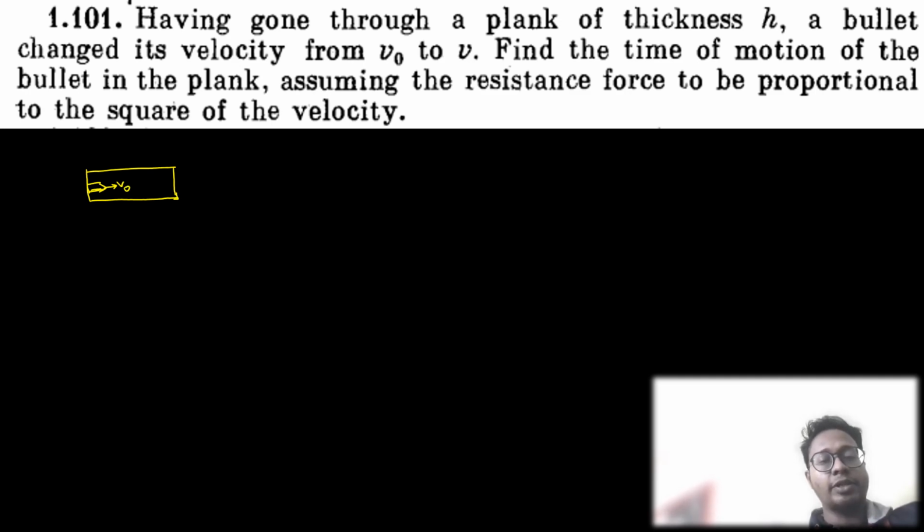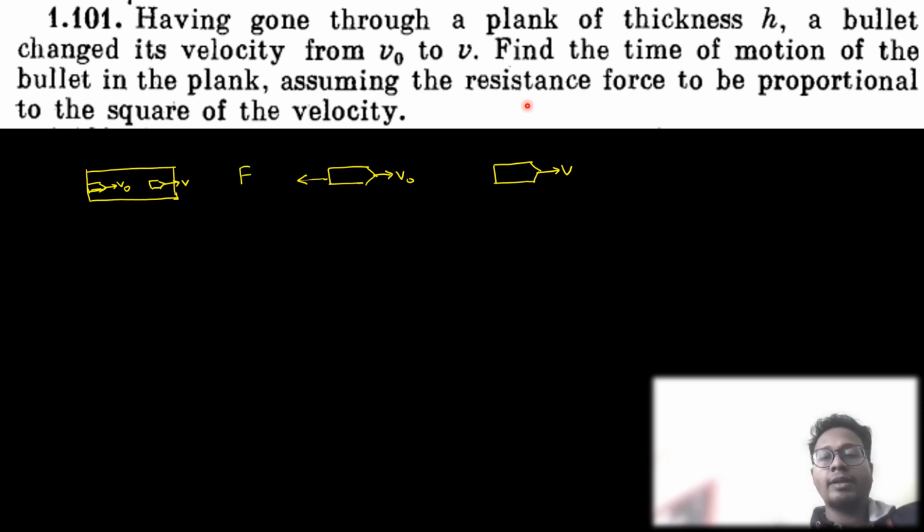Let me draw the bullet here. The bullet has not stopped, and here the velocity of the bullet is v. The initial velocity of the bullet just before entering the plank is v naught, and here the velocity has reduced to v. Inside the plank there is a force acting on the bullet, and that force is nothing but the friction force due to this plank.